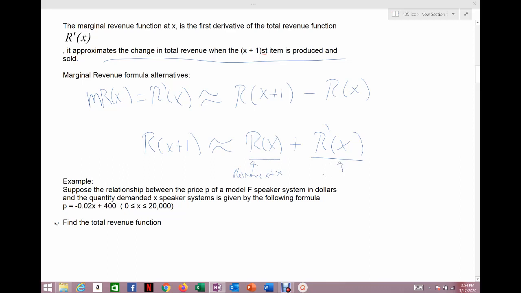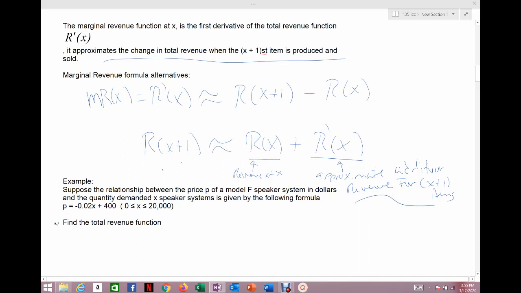This would be the approximate additional revenue for the x plus 1 item. So when you take those and add them together, that approximates how much revenue at x plus 1.